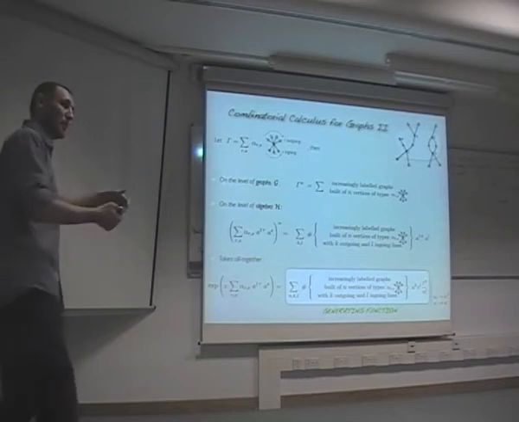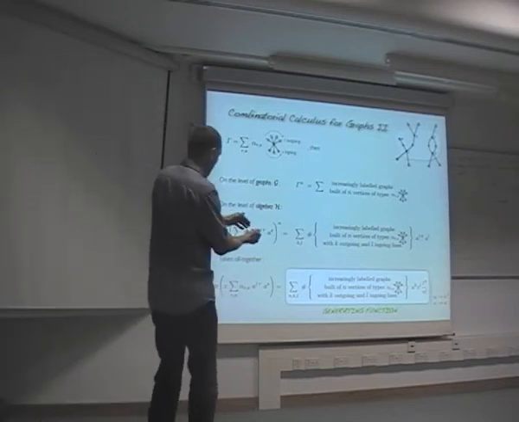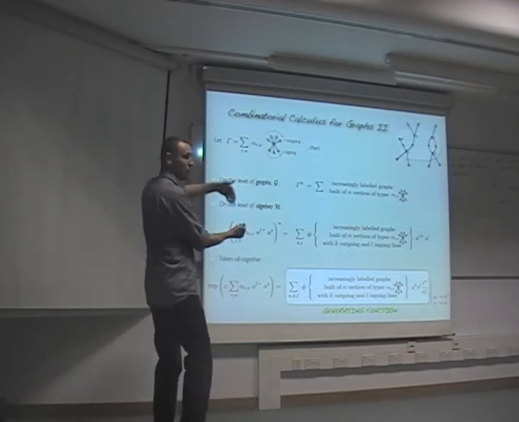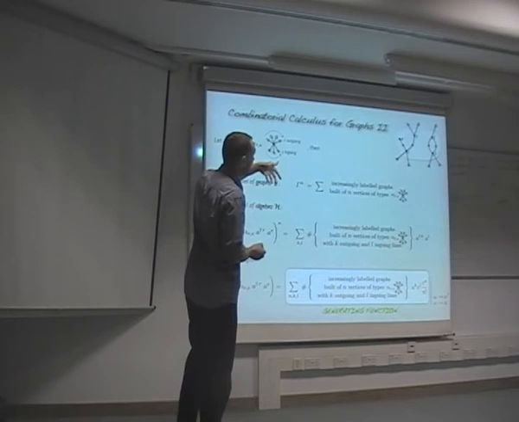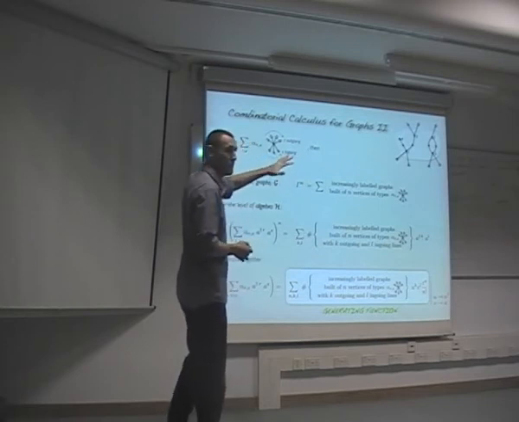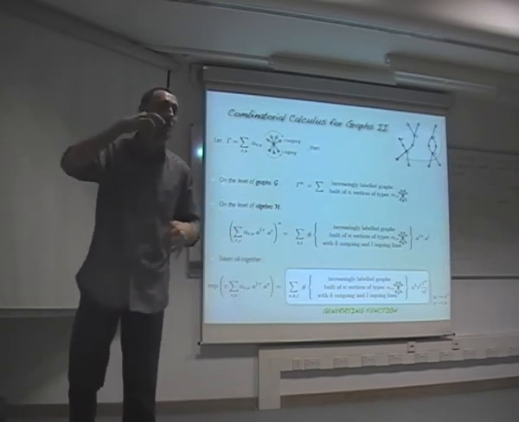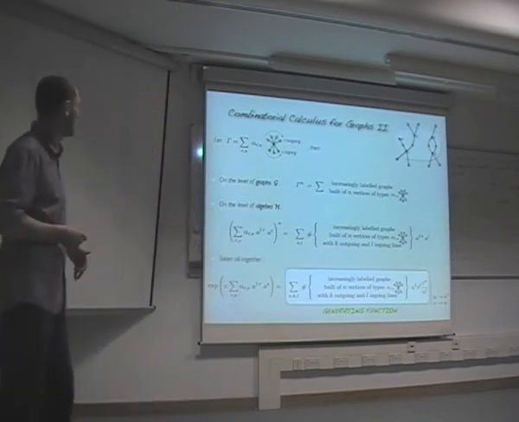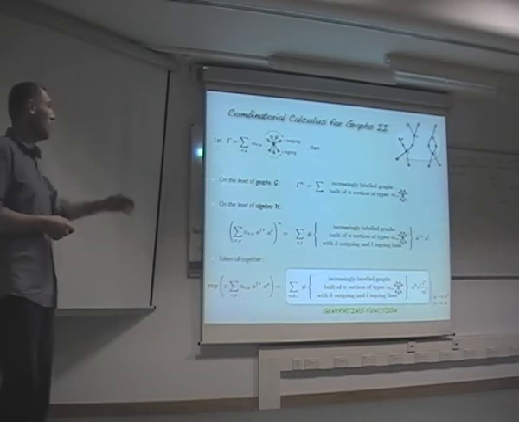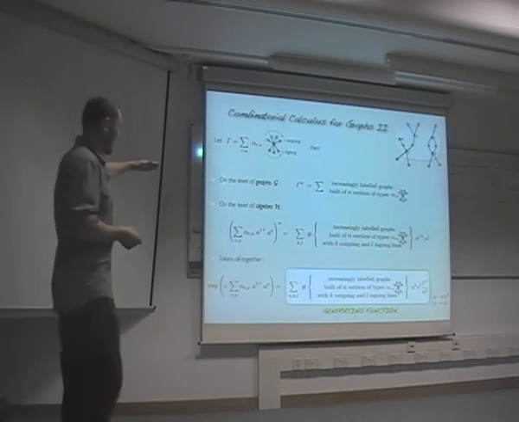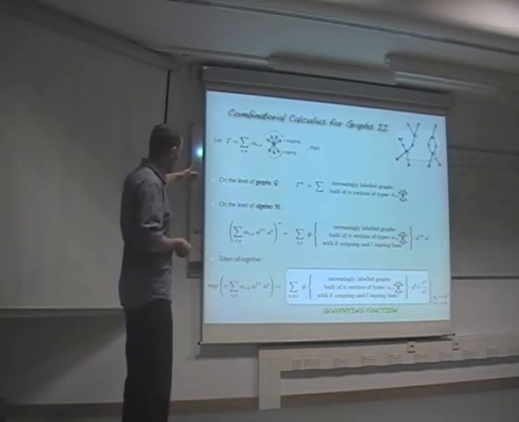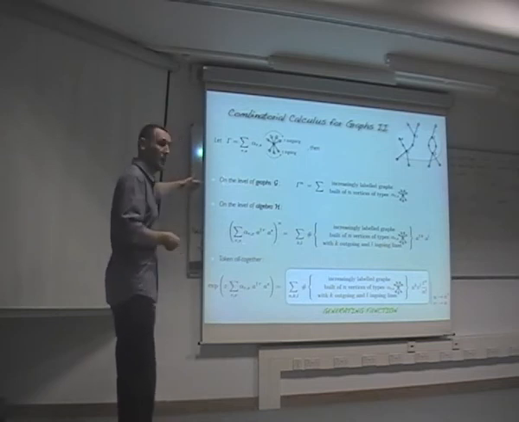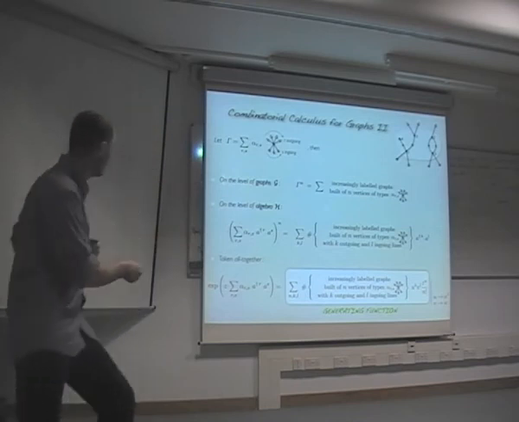Increasingly labeled because I just build a graph one over another up to the nth step, of course. And increasingly labeled means here that these labels follow the lines, of course. Right? So that's why I call it increasingly labeled graphs. So this is the nth power of a graph on the level of graphs. So again, on the level of algebra, what do I get? I'm just taking the nth power of this element here.